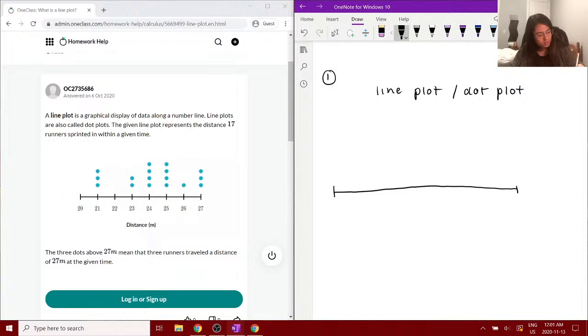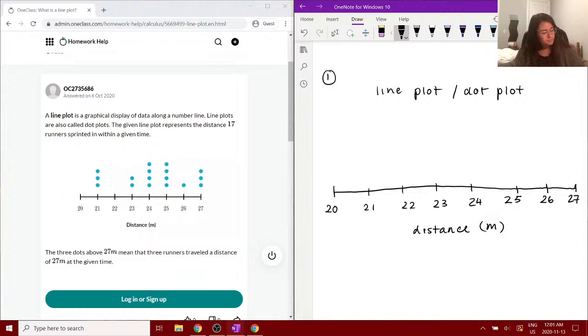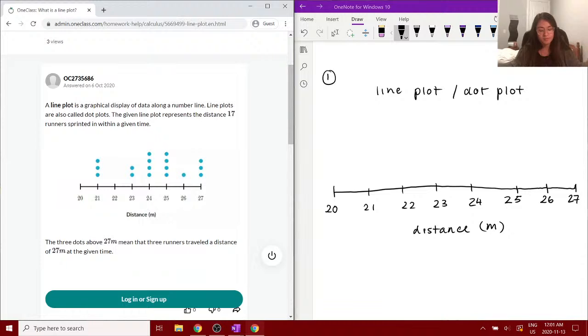So we have 20 meters, 21, 22, 23, 24, 25, 26, and 27, ideally evenly spaced, but they all represent the distance in meters. And as you can see, there are 17 dots, and in this example the 17 dots represent 17 different runners.